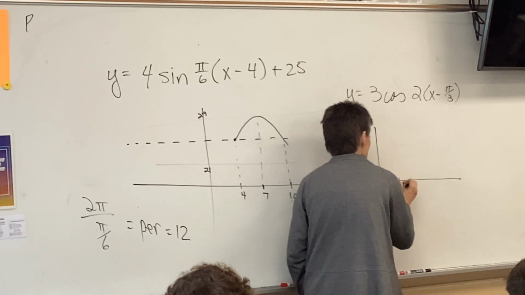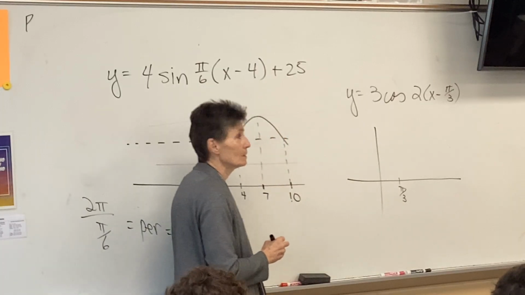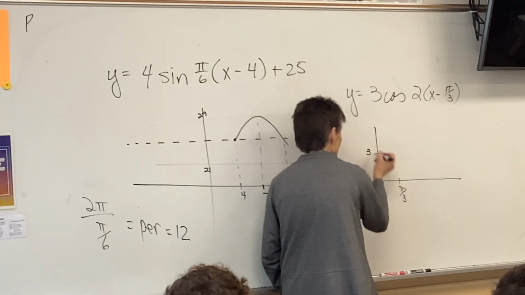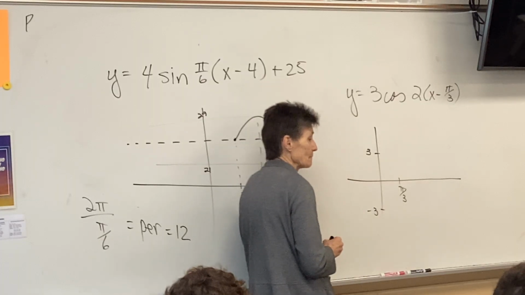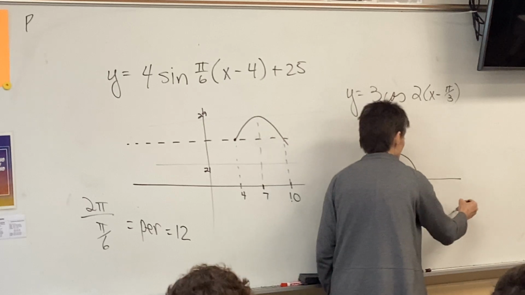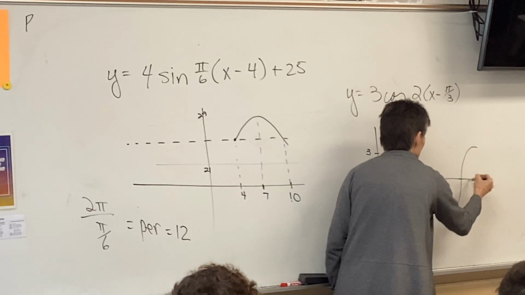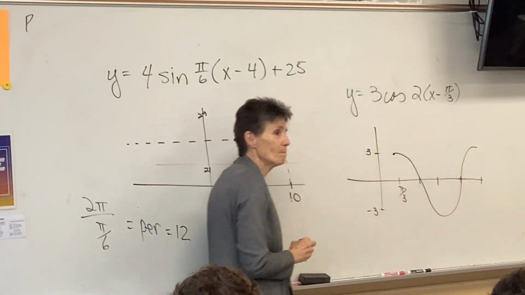I know it starts at pi over 3. I know its amplitude is 3. It's a positive cosine. So what do you think about that? So far, are you with me?